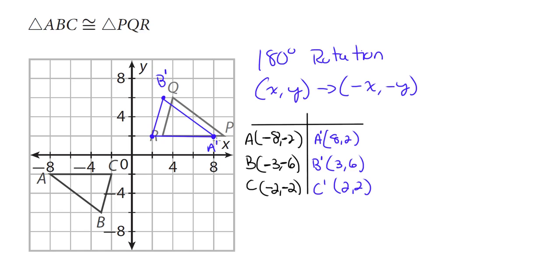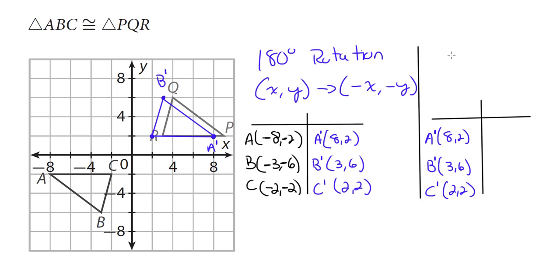Well, if you look at the difference between the x values of A prime and P, the x value for A prime is 8 and the x value for P is 9. So we really just need to move one step to the right or add 1 to the x value. So what we have here is a translation where x, comma, y becomes x plus 1, comma, y, because all we're really doing is moving everything one step to the right.